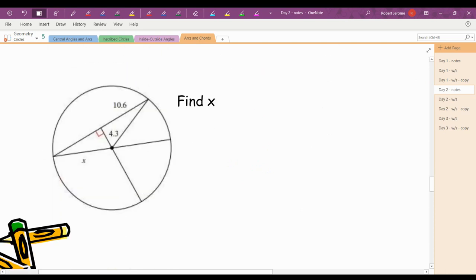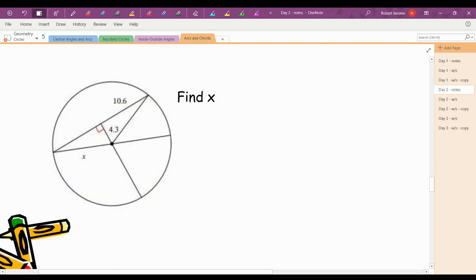Looking at this one, again, we're using elements of the previous question in our thought process. In this problem, we're looking for x. That is the radius, and it is part of this right triangle. So we're looking for x. We already know 4.3.